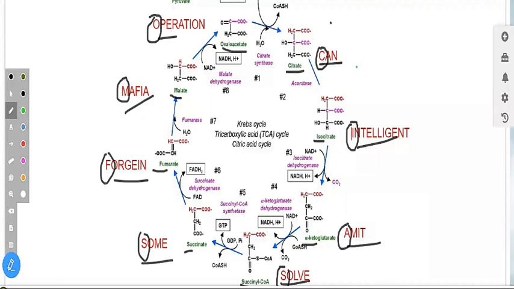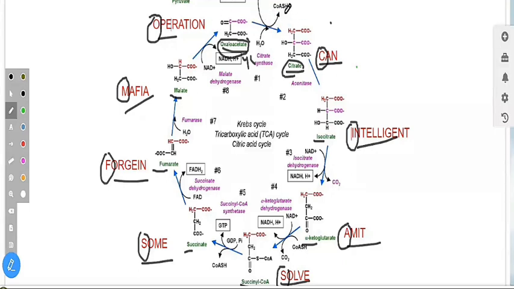Now the enzymes. From the link reaction, acetyl-CoA is formed. When acetyl-CoA combines with oxaloacetate, it will form citrate. Acetyl-CoA is a 2 carbon compound and oxaloacetate is a 4 carbon compound.